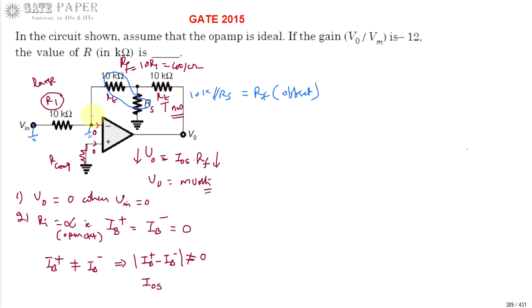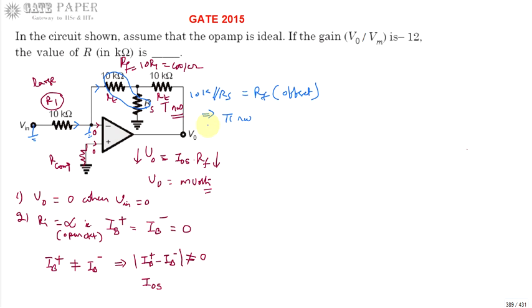Whenever you apply a signal, current flows, so definitely the network is going to offer a high value of feedback resistance when you convert this T network into a pi network.